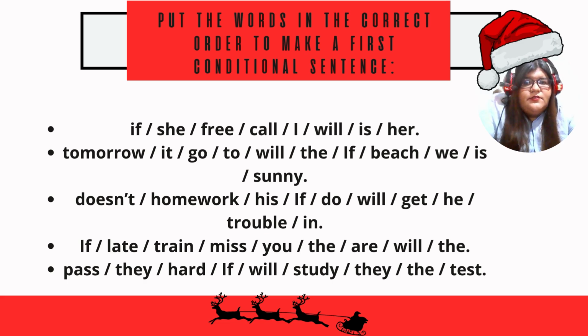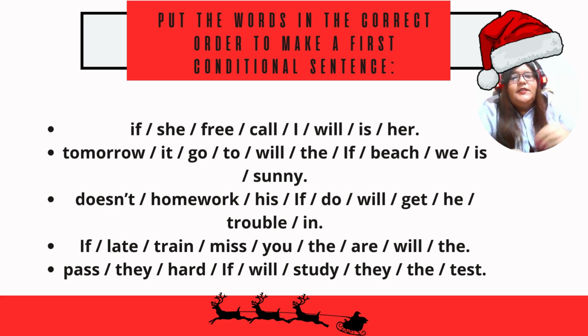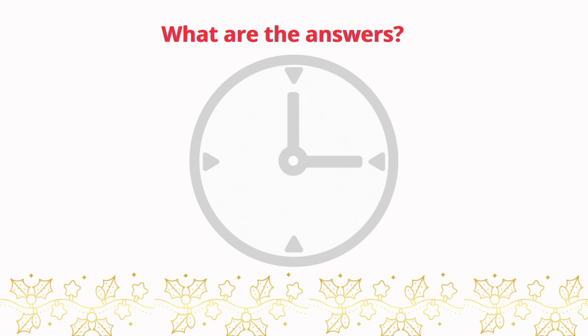Please, guys, keep in mind that we have these words in this order, and you must give the correct form to each word to formulate an accurate sentence. That's the activity. I will write down below in the comments your possible answers.